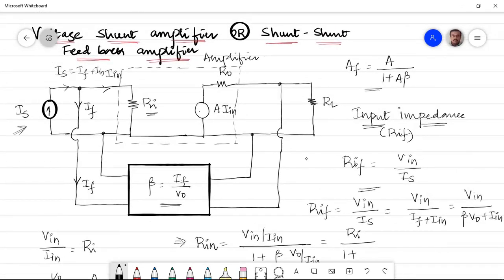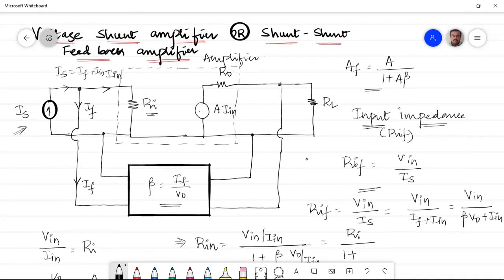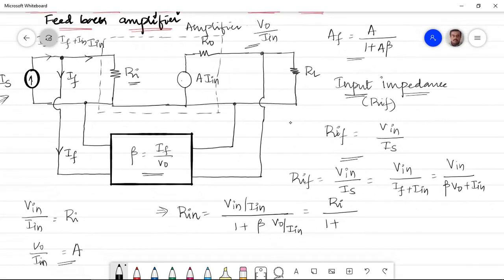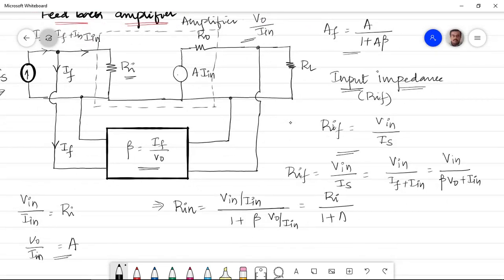If you go back and check, it's a voltage shunt amplifier. So output has the voltage value, input has the current value, so it's V0 by In. That becomes the gain equation for it, and that is nothing but the A value. So I can write this as 1 plus A beta. So RIF is equal to Ri divided by 1 plus A beta.